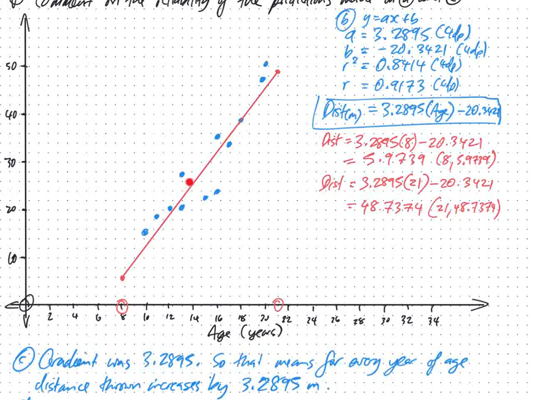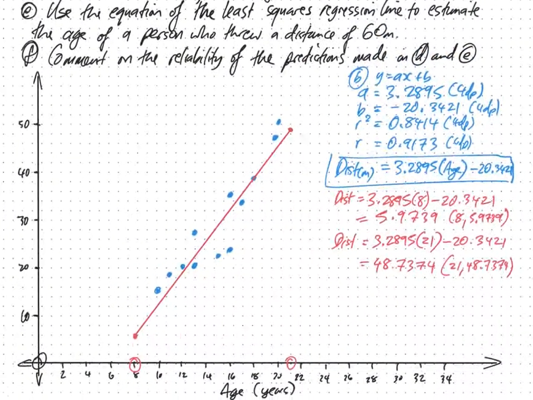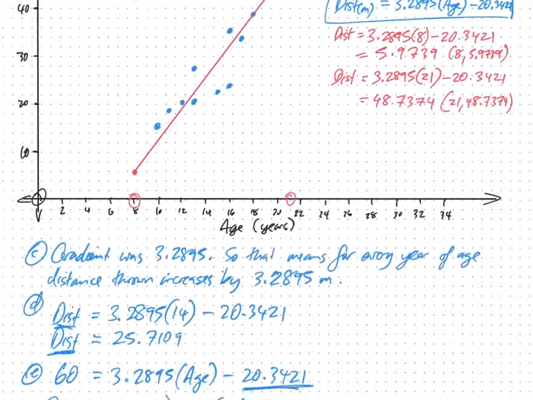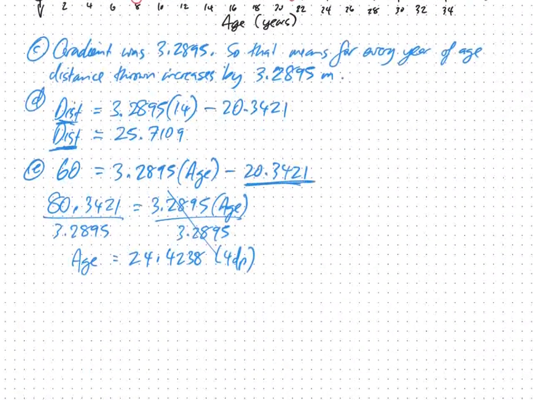So that's going to be an interpolation. But in question E, I was going for a distance of 60. The highest distance that I've got data for is 50. So that's going to be up here. That's going to be an extrapolation.